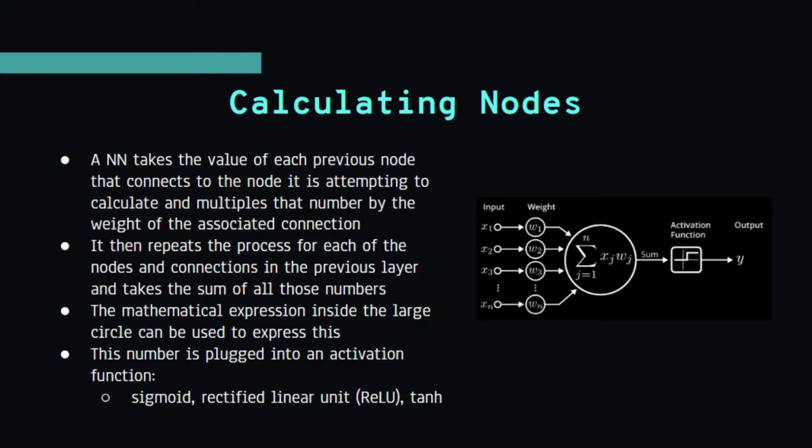Now, I mentioned activation function earlier. So what are they? So activation functions, basically you put in a number, which in this case is going to be a sum, and it's going to basically squish that number between a range. So there's many different activation functions. So there's sigmoid, for example, there's rectified linear unit, while many people refer to them as ReLU, and tanh.